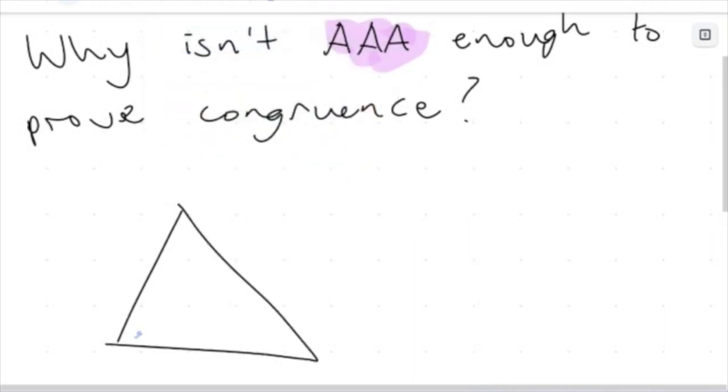So we have this angle, this one, and this one, all equal, because it has the same angle values as another triangle. Well, it's not necessarily going to be congruent because think about triangles in general.